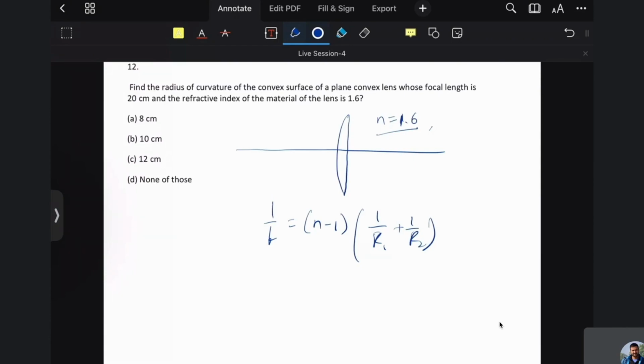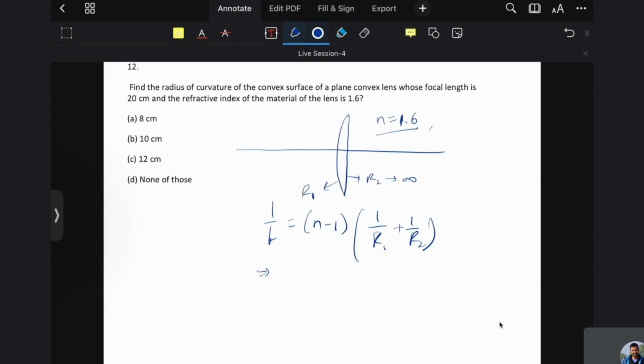Okay, and since this is a plano-convex lens, the R2 is infinite, right? Because this is a plane surface, and a plane surface has no curvature, so it is just infinity, and it is the R1 you have to calculate. Okay, so everything is given here.